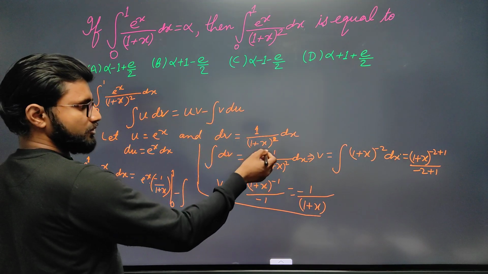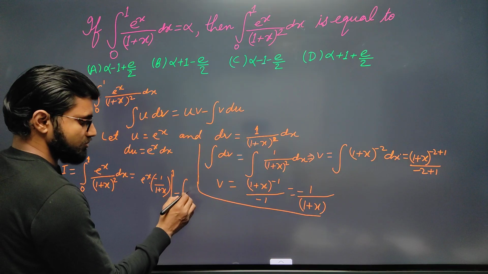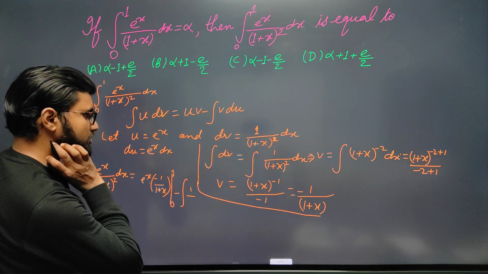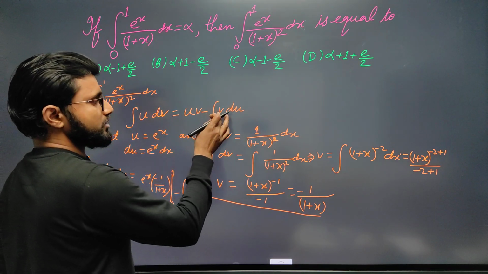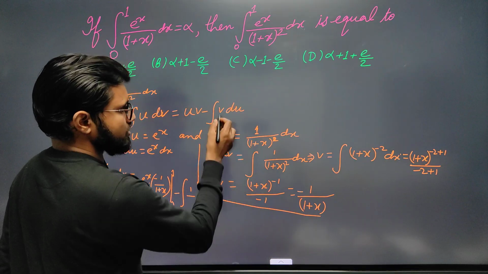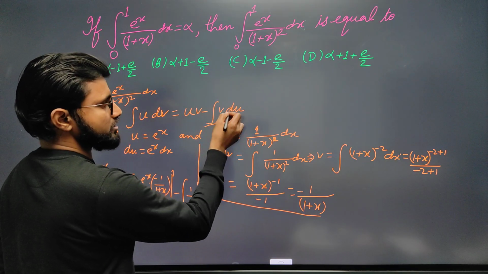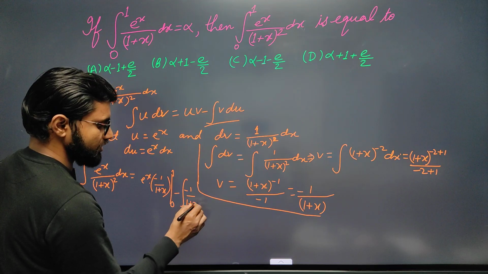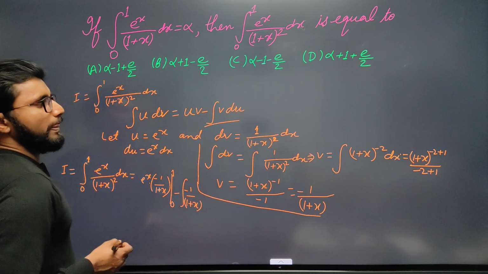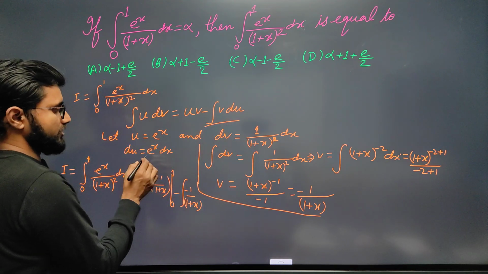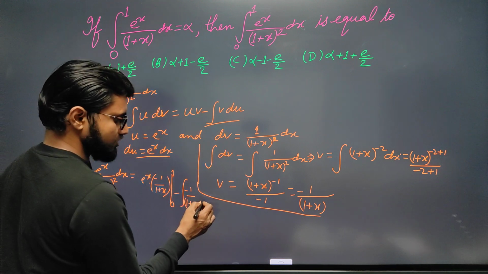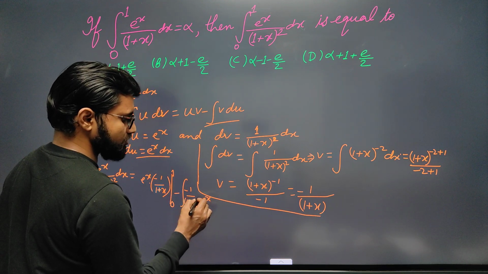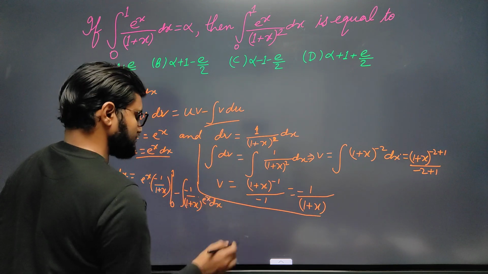In the formula, the integration of v du, v is minus 1 upon 1 plus x, into du. Du is e to the power x dx, so it becomes e to the power x into dx.